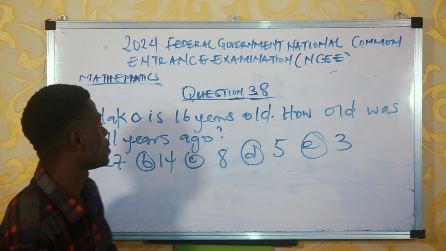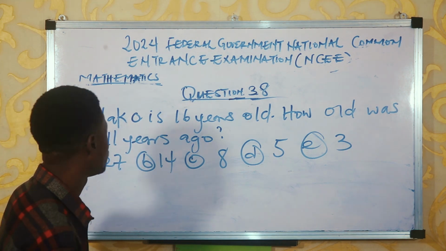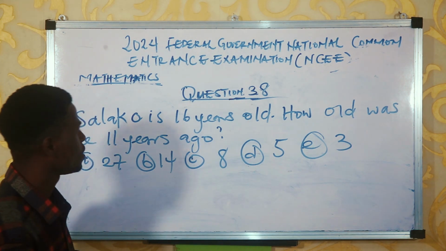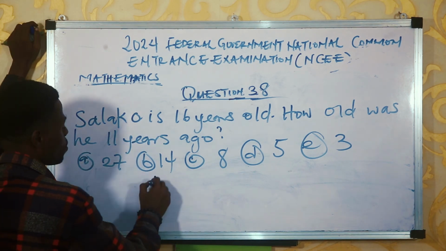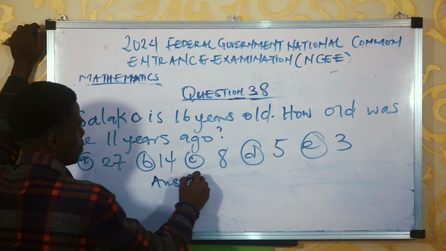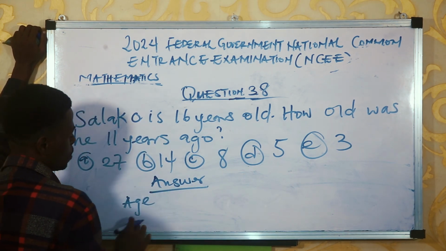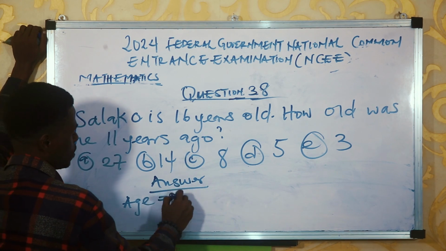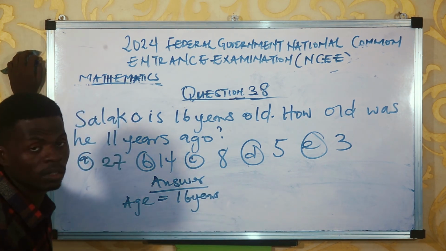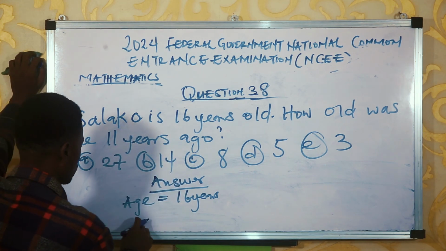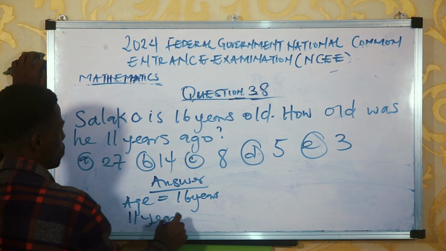Question 38 says that Salako is 16 years old. Now say how old was he 11 years ago? The current age of Salako is 16 years. How old was he 11 years ago? Which is what we are looking for.